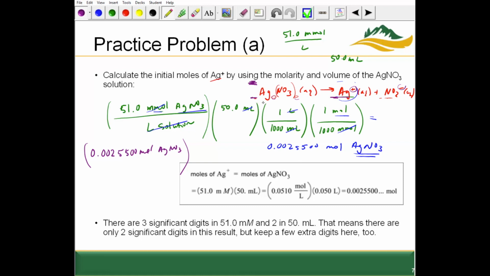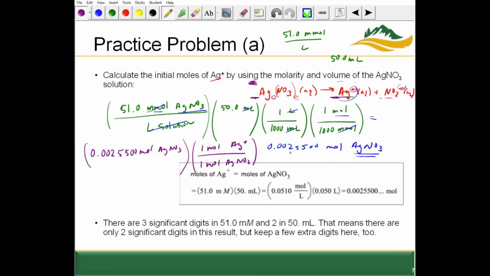So that makes this whole mole to mole ratio 1 to 1. So what we're getting at is we're going to put 1 mole of silver nitrate, right? Because that's the molar coefficient here for every 1 mole of silver ions. Okay, so we are just taking this value and multiplying it by 1, but again, watch out for the non-1 to 1 mole ratios here.